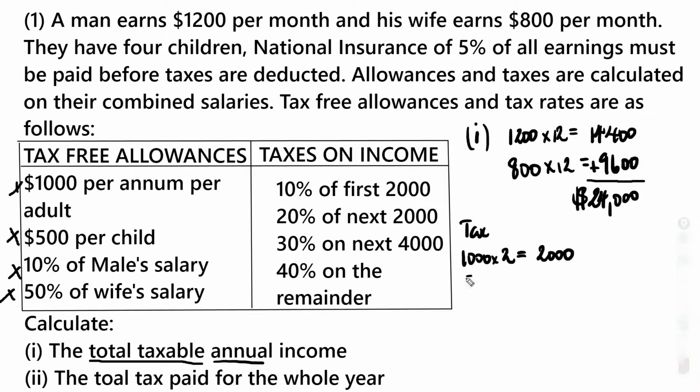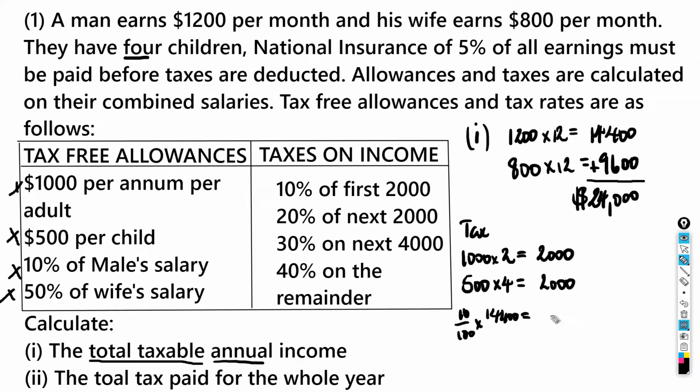You have $500 per child, and it says you have 4 children, so that's 500 times 4, which is 2,000 as well. Then you have 10% of the male salary, which is 10% of 14,400, which is equal to 1,440.